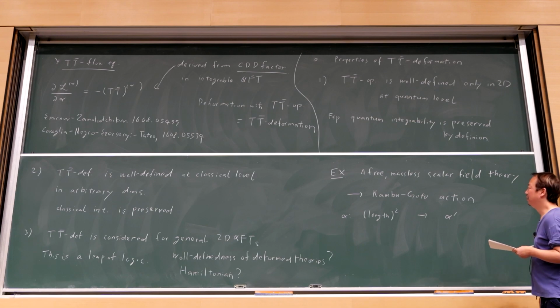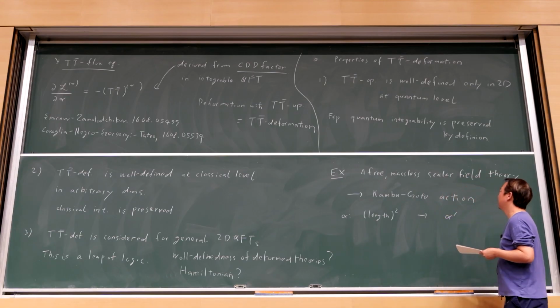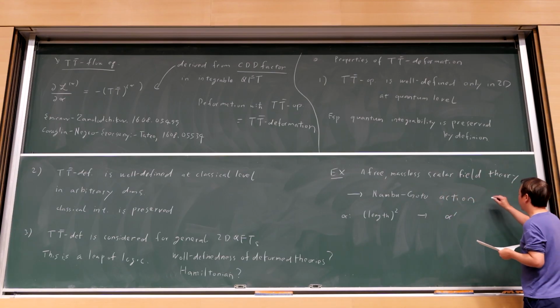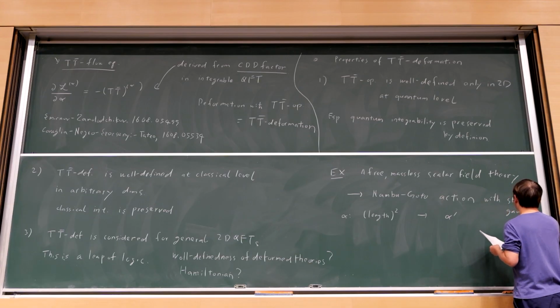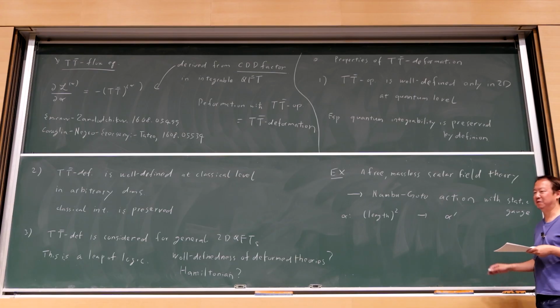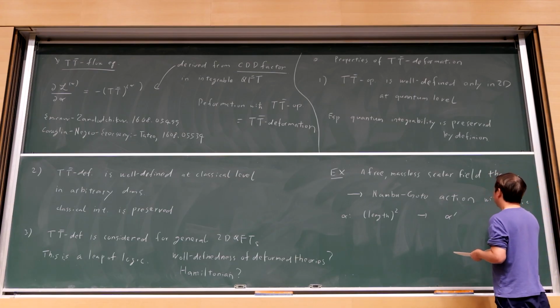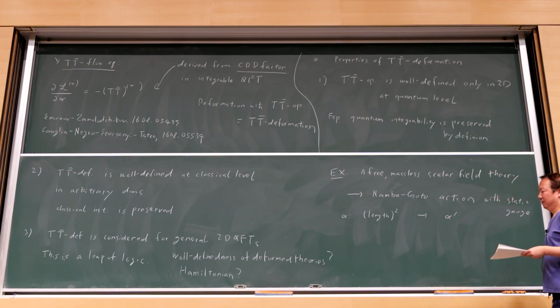By performing TT-bar deformations for this free massless scalar field, we will get the Nambu-Goto actions with static gauge. Sorry. Without any gauge fixing, the Nambu-Goto action has a vanishing energy momentum tensor, and so TT-bar deformation is not defined. But the resulting action is the Nambu-Goto action with static gauge.